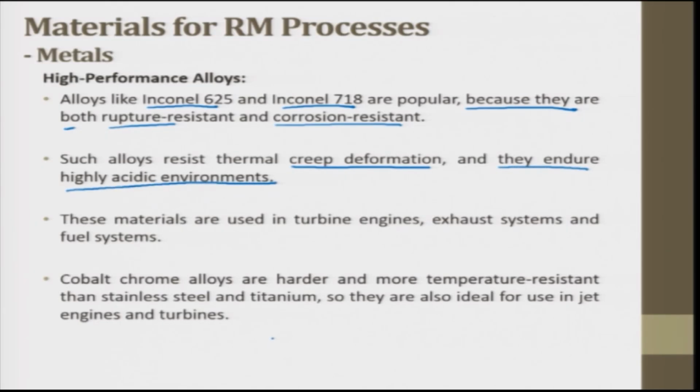They are very less reactive, so they can endure high acidic environments, and also at high temperatures the creep deformation is very less. These materials are used in turbine engines, exhaust systems and fuel systems. Their resistance to corrosion also makes them popular for underwater applications, for instance salt water applications and naval applications where corrosion happens very rapidly.